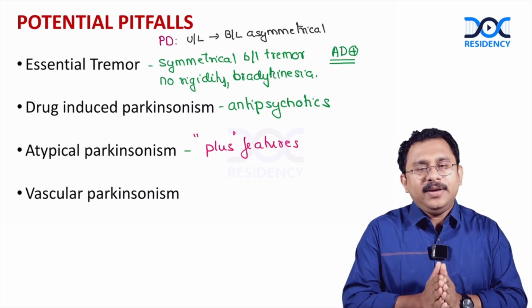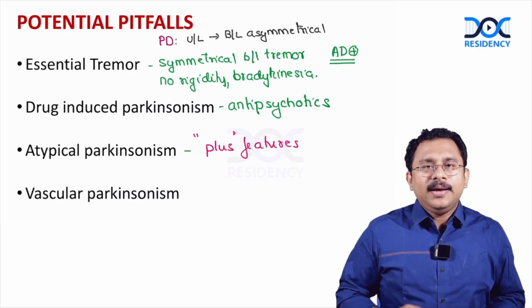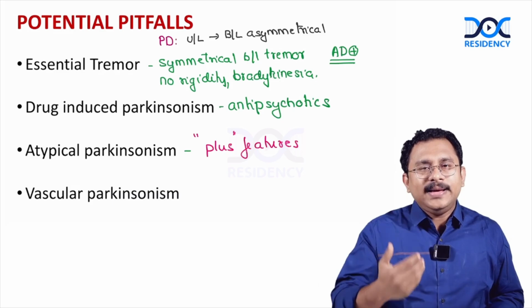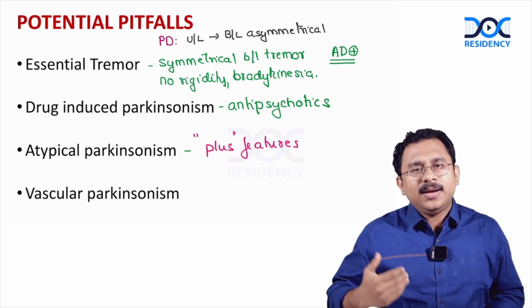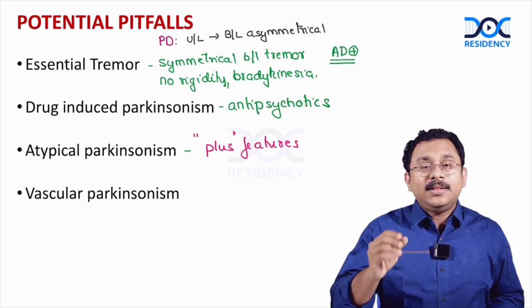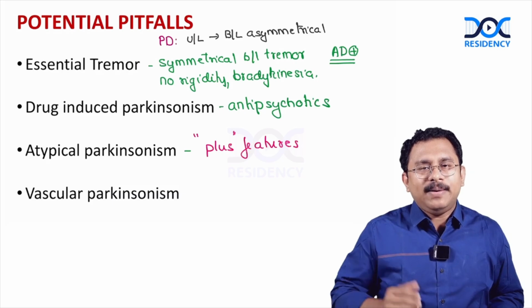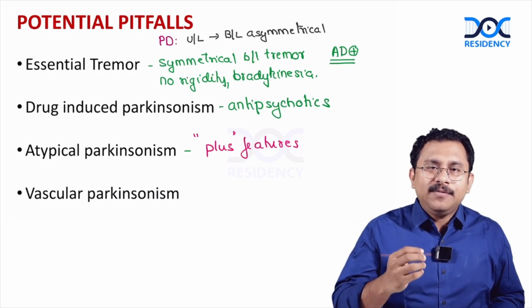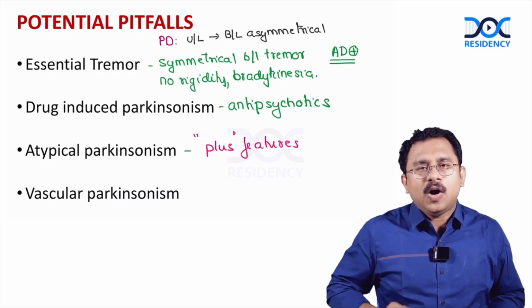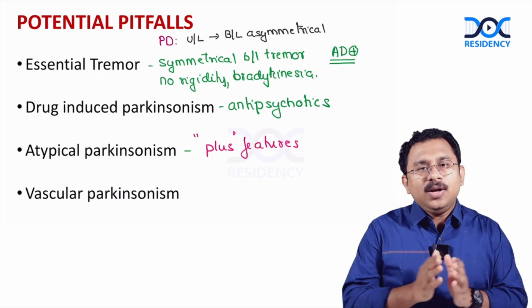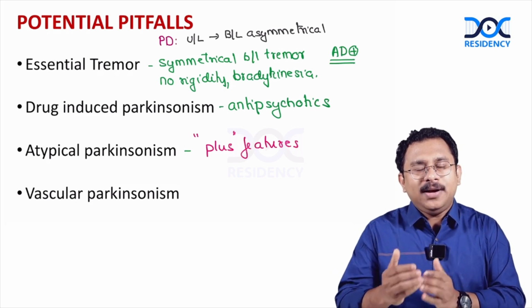If the patient is having some cognitive impairment, along with vertical gaze palsy and a history of recurrent backward falls, you will be thinking of progressive supranuclear palsy. If the patient is having features of significant autonomic dysfunction, you will think of multiple system atrophy.